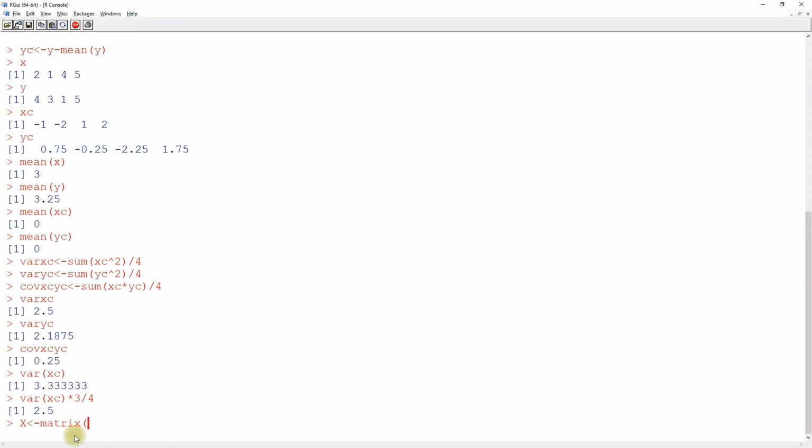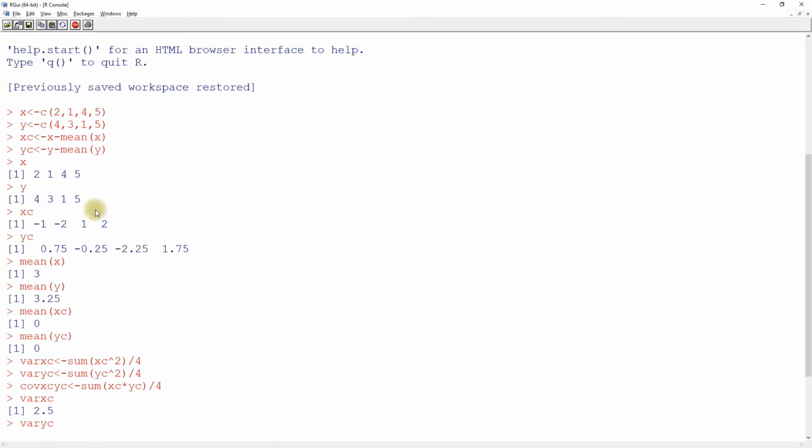So I call it matrix, but with the information of the centered data, not the original X, but the XC and the YC. If you want the XC and the YC, it will give you this: -1, -2, 1, and 2, and then it will go for 0.75, -0.25.